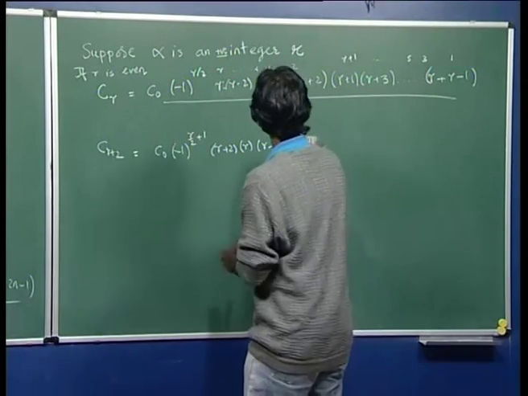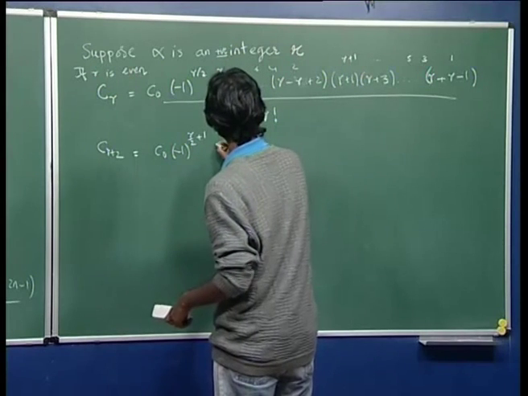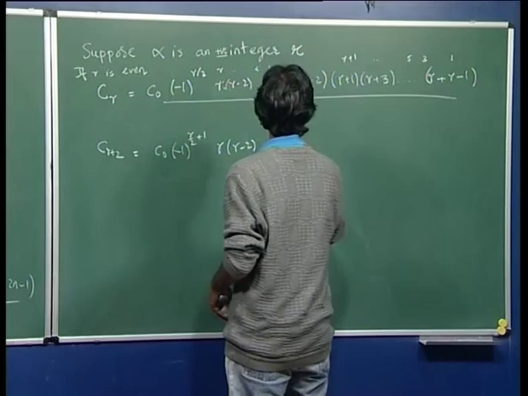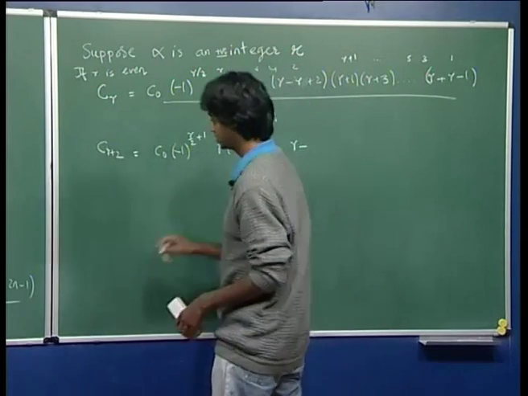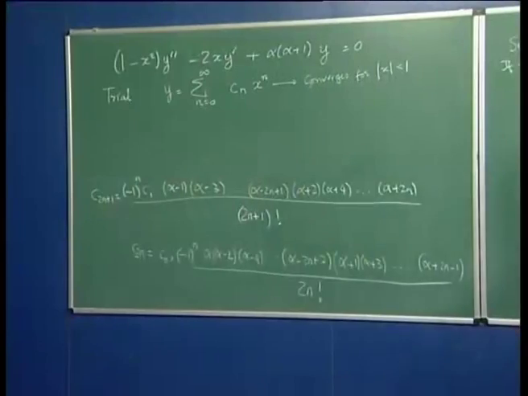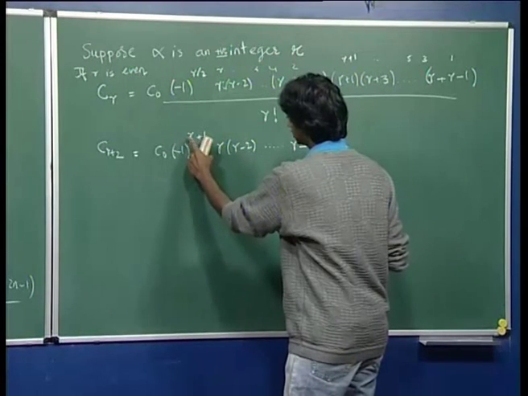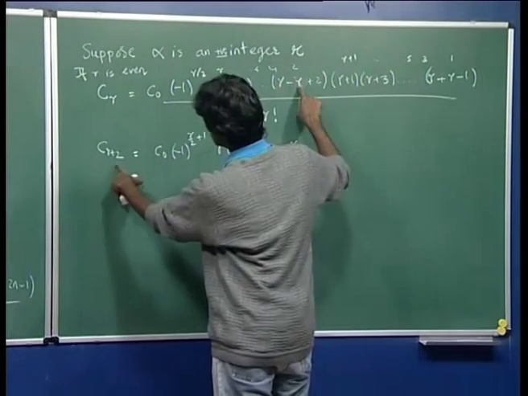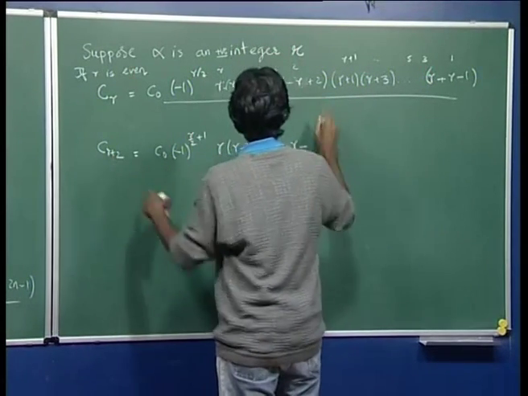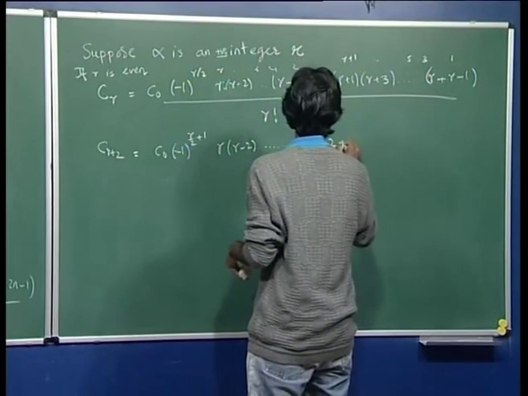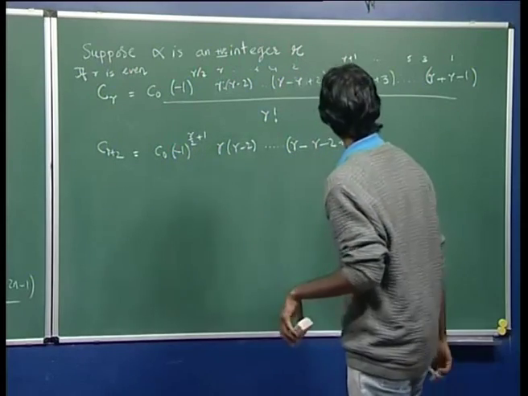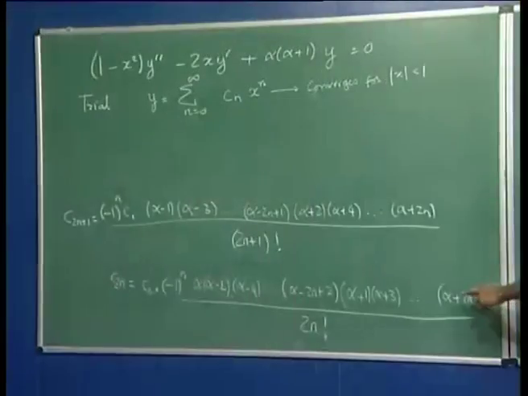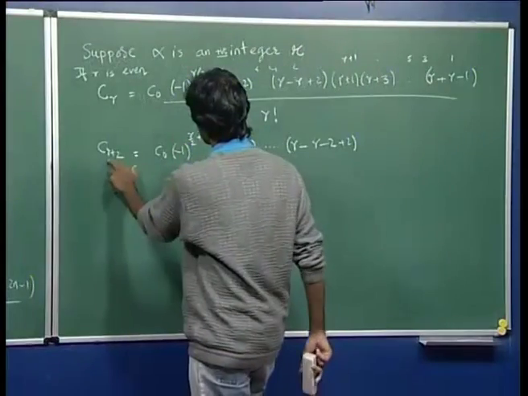So, sorry, you have alpha is equal to r. So, you have r minus 2 all the way up to r minus, now 2n is r is 2 into r by 2 plus 1. So, that is 2n. So, 2n is r plus 2. So, minus r minus 2 plus 2. So, where I had 2n, I put r plus 2.